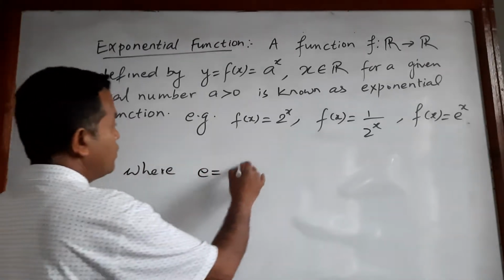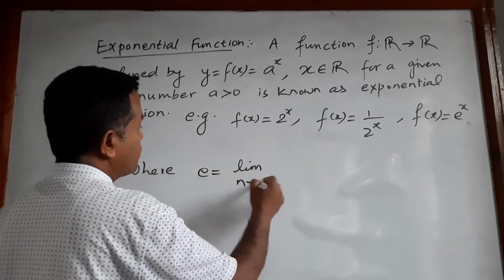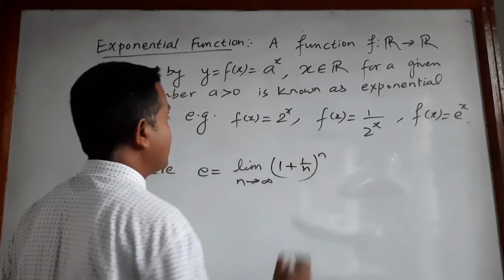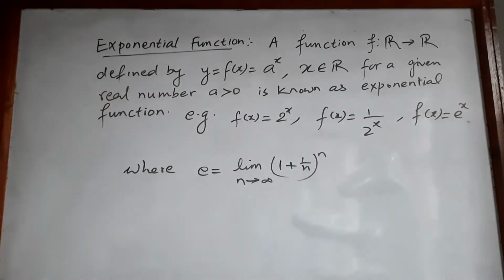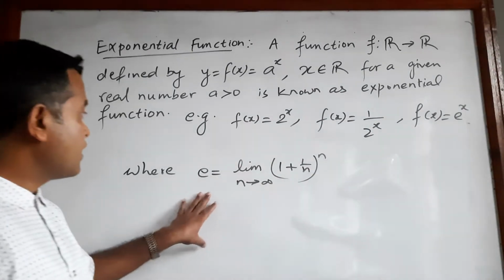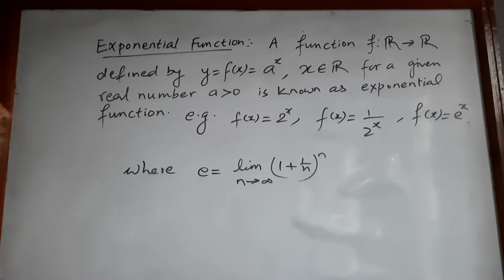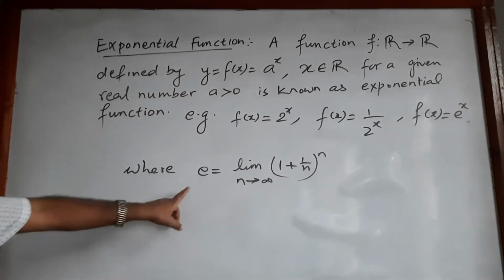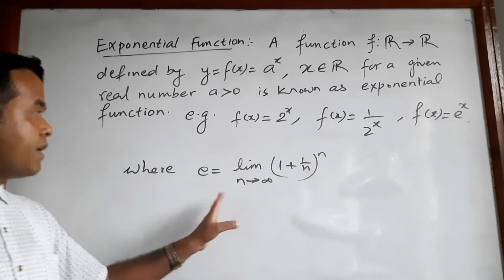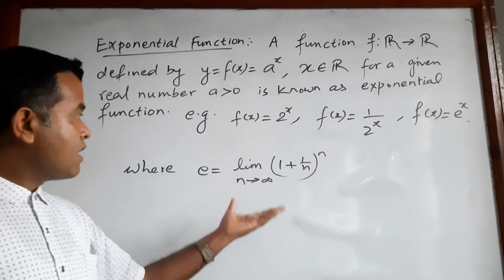These are examples of the exponential function where e equals the limit as n approaches infinity of (1 plus 1 over n) to the power n. So this is the expression for e. This limiting value gives the value of e. Its value lies between 2 and 3. Its value is 2.718281, something like that.